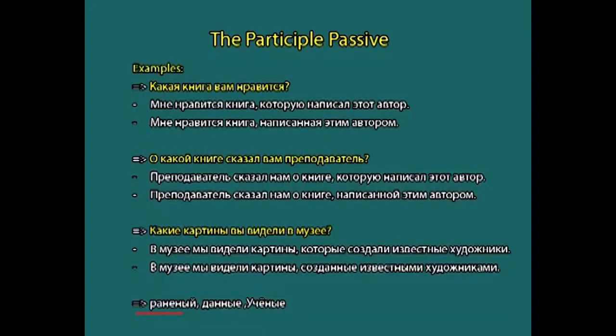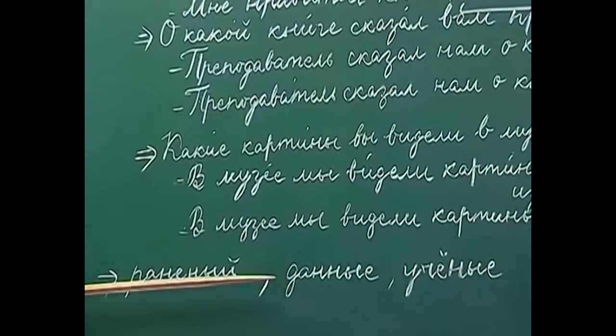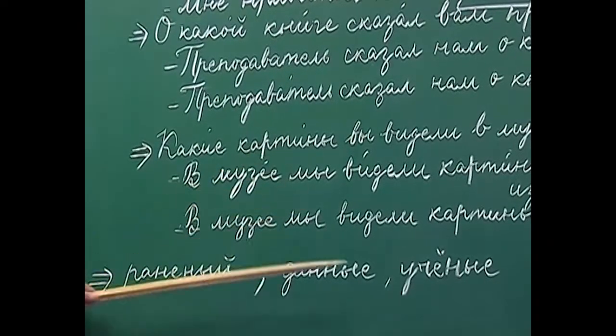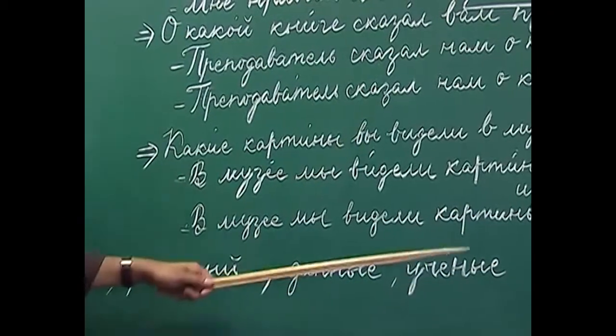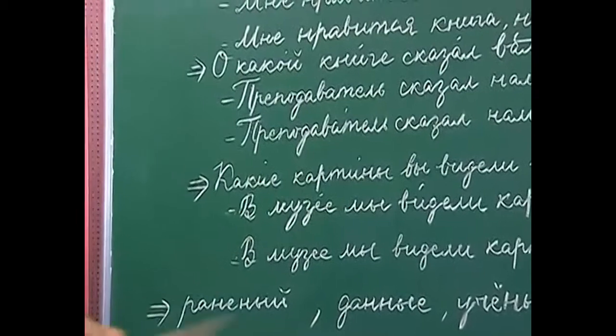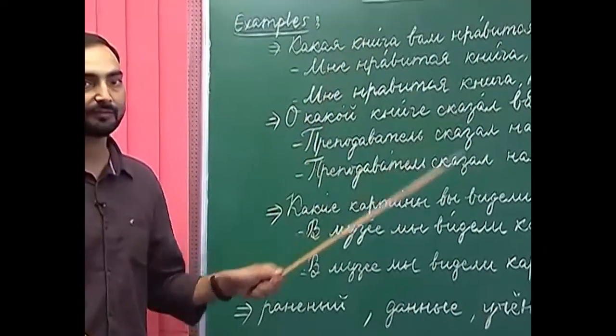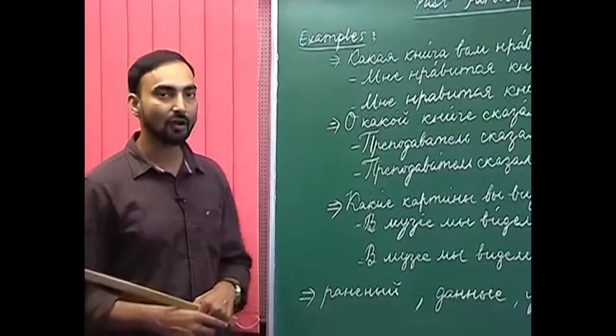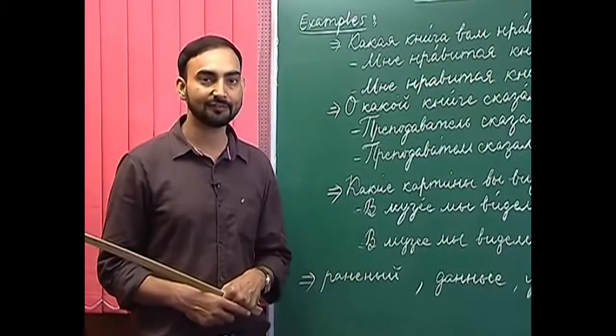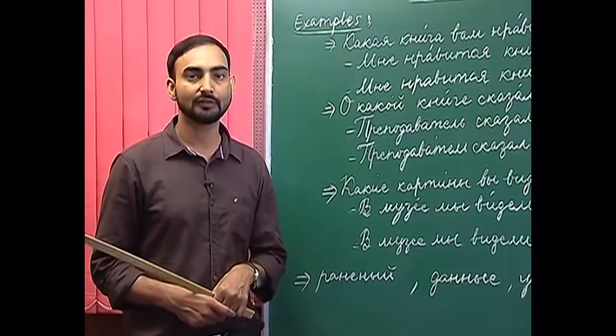For example, раненые, данные and учёные. Раненые is a wounded man, данные is data, and учёные is scientists. So, these are few of the nouns which are basically past participle passive, but now they are being used as nouns. So, this was all about past participle passive. Now, we will move on to the next topic.